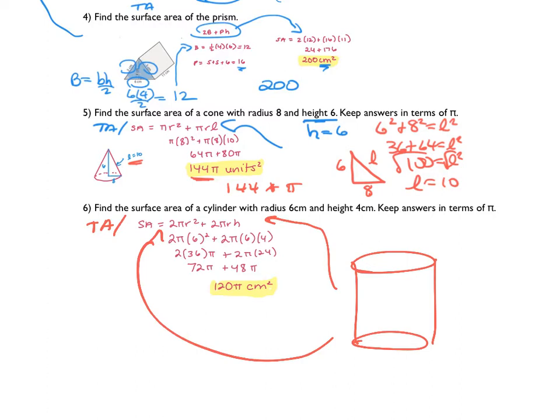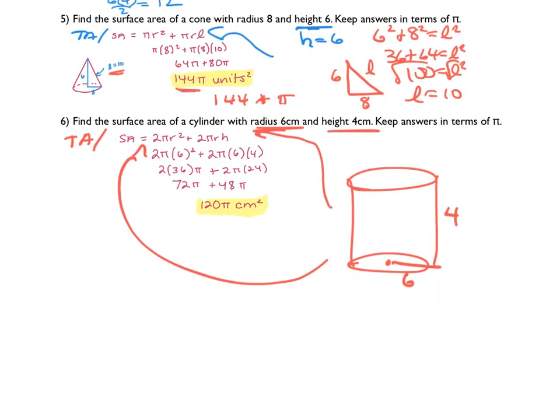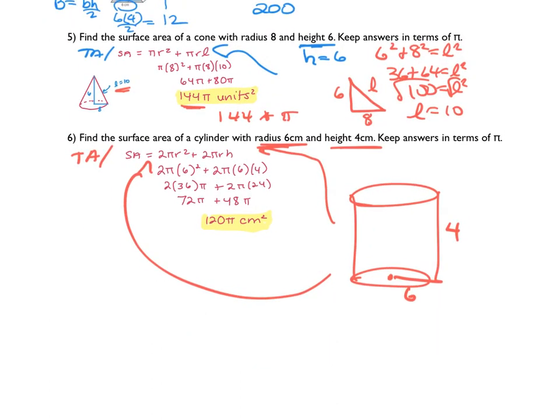This one, everything was given to me. I was given the radius, which was 6, and the height, which was 4. So here's my radius, here's my height, and again, it said to leave it in terms of pi. Good on that one? All right, next.